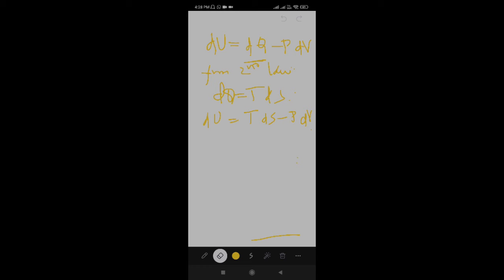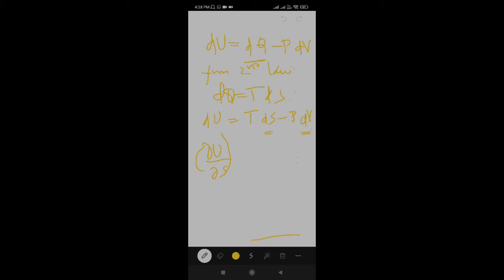Now, by making use of the last equation, you may write, suppose you are doing a partial differentiation with respect to the entropy. There are two variables, ds and dv.